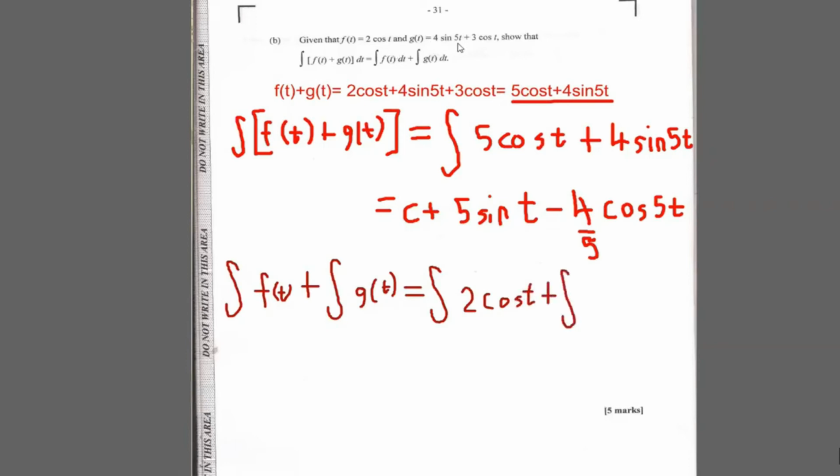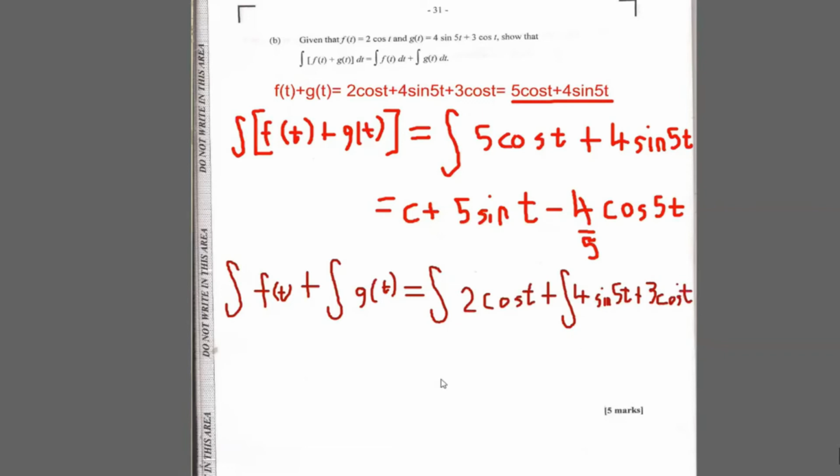The integral of g of t is 4 sine 5t plus 3 cos t. Nice. This is what we have.